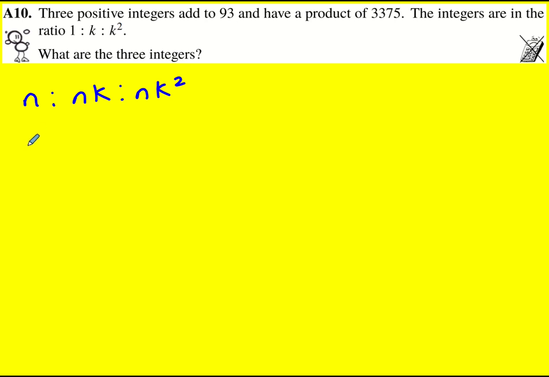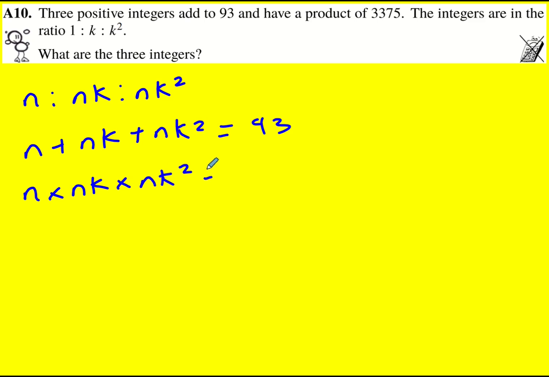Because then we can use that information, we can add them together: n plus nk plus nk squared must equal 93. And then multiply them together, it's going to be n times nk times nk squared is equal to 3375. So this is the one that jumps out at me because we can write it as nk all cubed equals 3375.